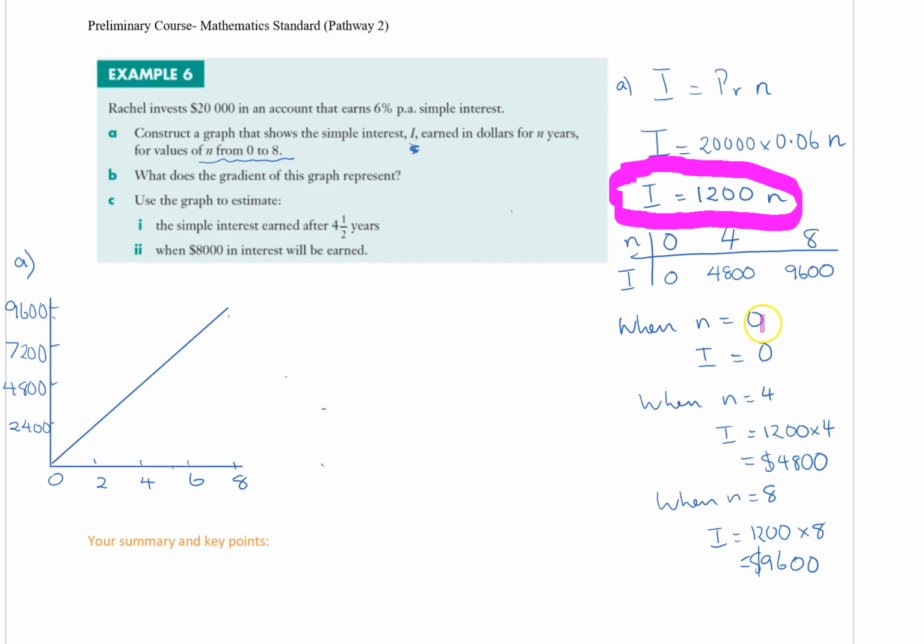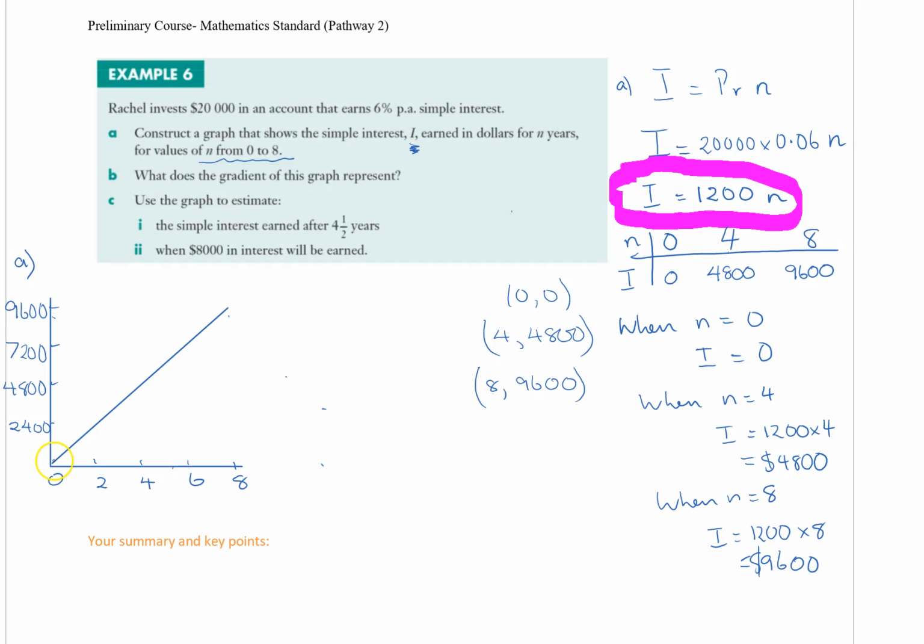When N is 0, I is 0, and that gives us a pair to plot, 0, 0. Then when N is 4, I is 1,200 times 4, which is 4,800. So then I've got 4 and 4,800. It's another point to plot. And the last one is when N is 8, and that gives us the point 8 and 9,600.